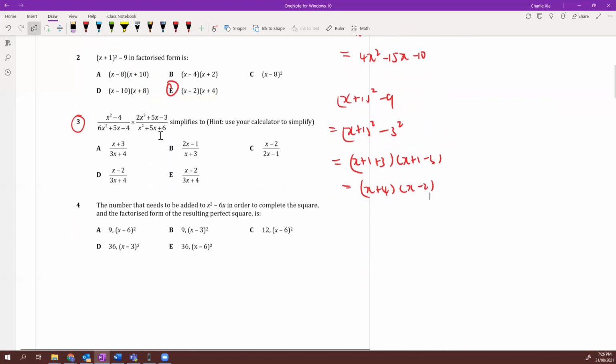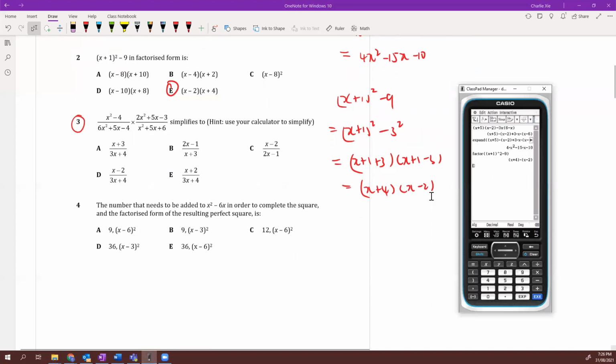Question 3. This one, I'm just going to teach you to use your calculator. So type exactly what it is. The shortcut for the fraction is shift division. The numerator is x squared minus 4. The denominator for the first fraction is 6x squared plus 5x minus 4. Okay, and multiplied by another fraction, shift division: 2x squared plus 5x minus 3.